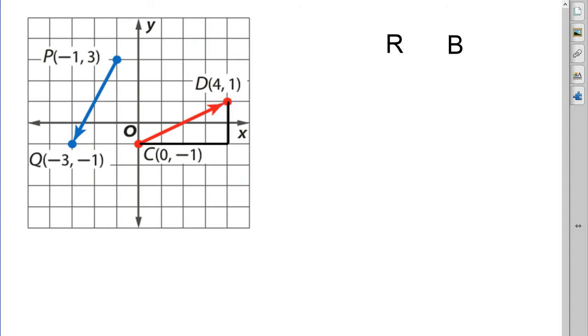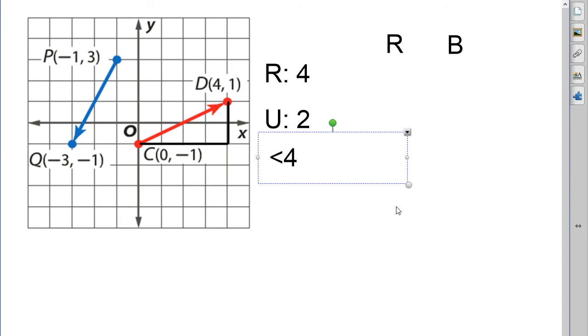In order to do this, I had to go right 4 units, up 2. Well, then in component form it would work out like this. Right is +4, 2 up is +2. That's component form.